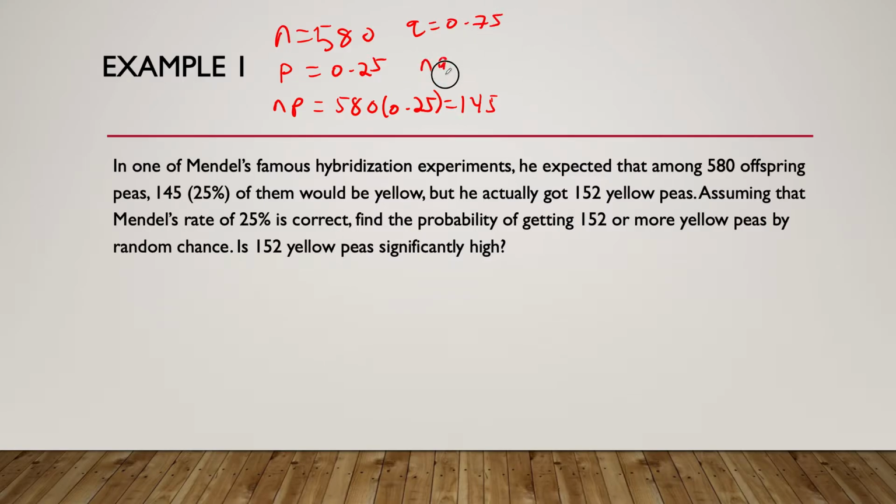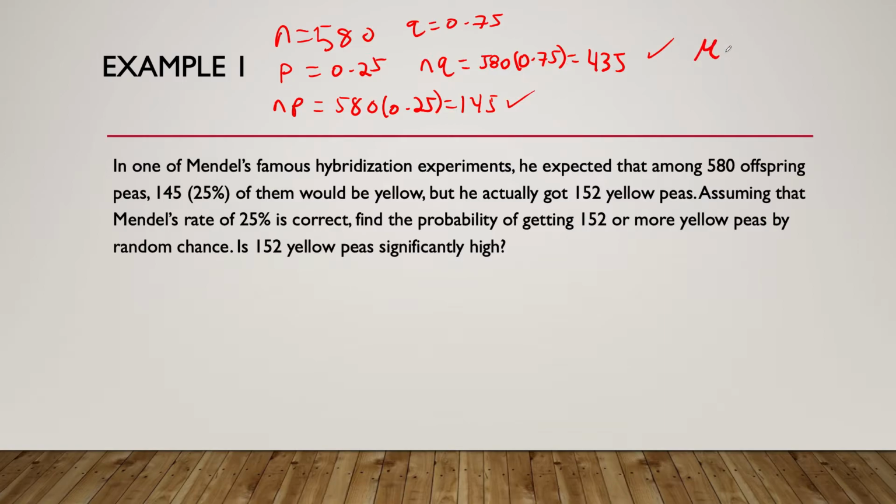So n times q is equal to 580 times 0.75. If you do that, you get an answer of 435. So both of these are greater than 5, so we're fine in both of those regards. We could do this approximation.